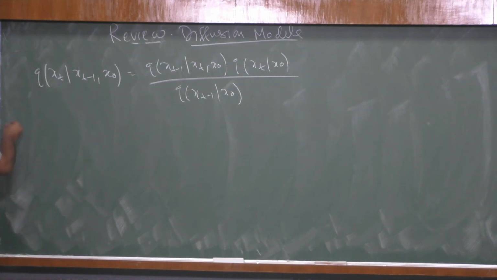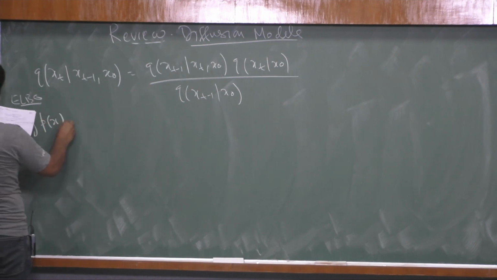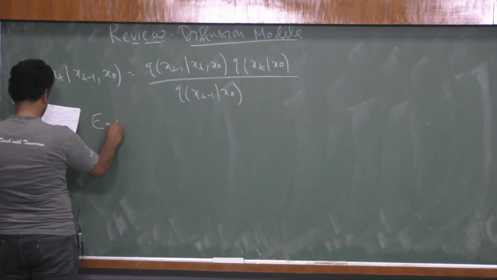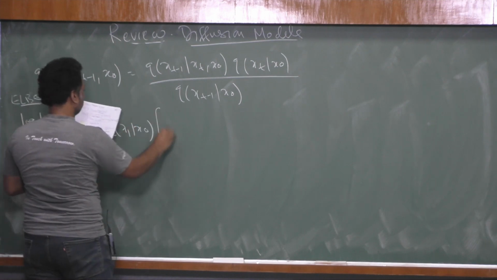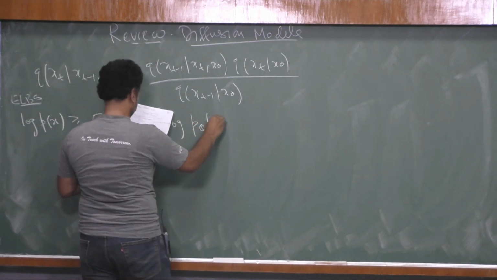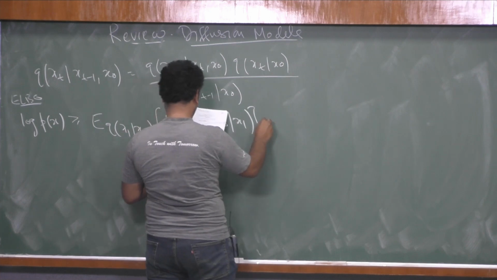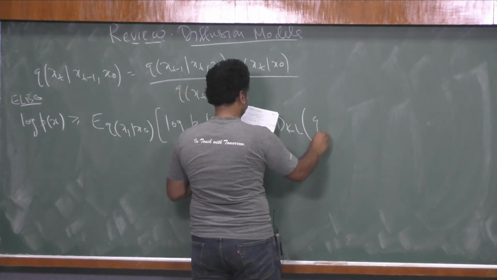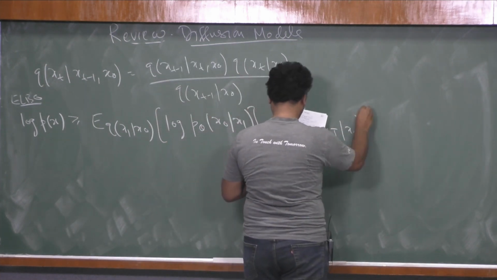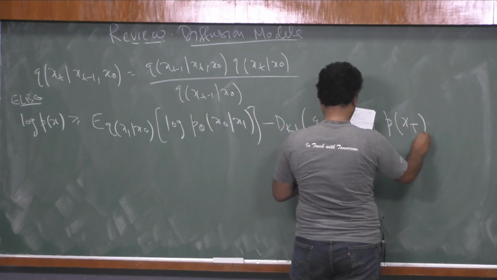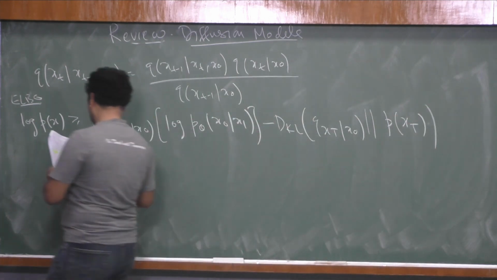So then the new ELBO bound is like this. So log p(x) is greater than or equal to, and these are similar things, so I don't have to say them again and again.